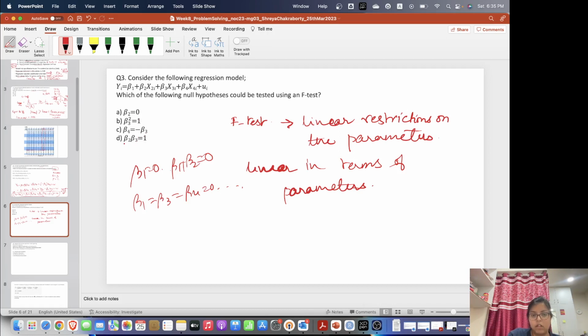But for testing interaction terms, we did not use an F-test. So we cannot, and this is also a squared term. So this one and this one cannot be tested using an F-test.